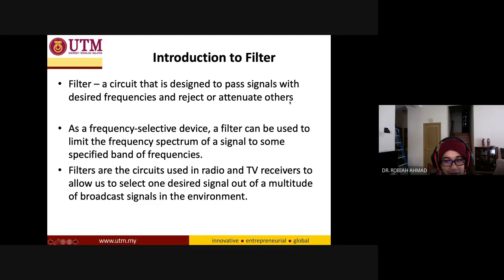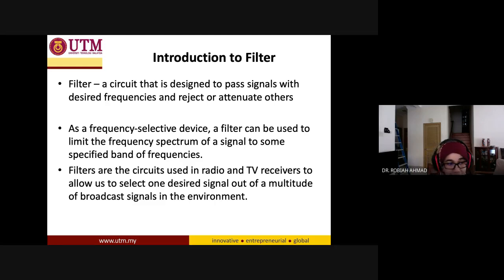For example, when we learned about the Fourier series, we have signals with different harmonics, and sometimes these harmonics represent noises. So we only want the main signal, and we want to reject the other two signals.